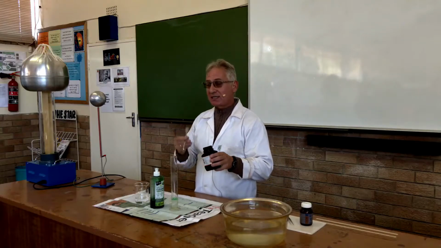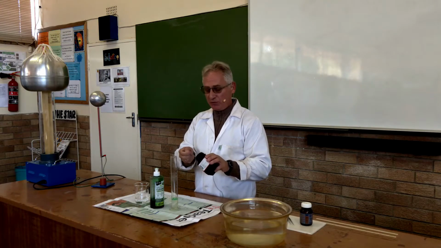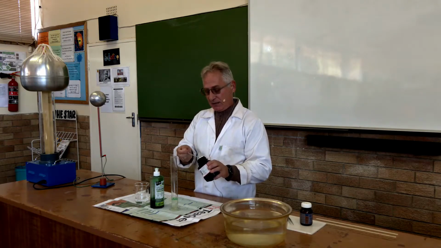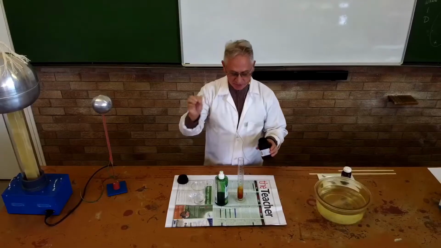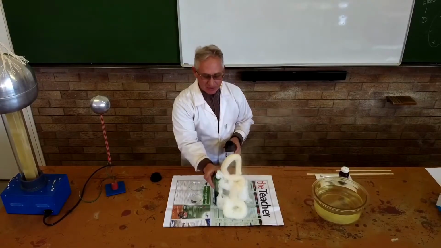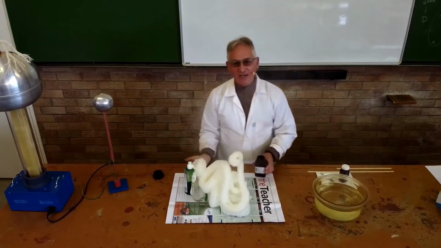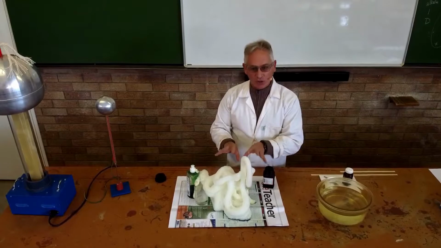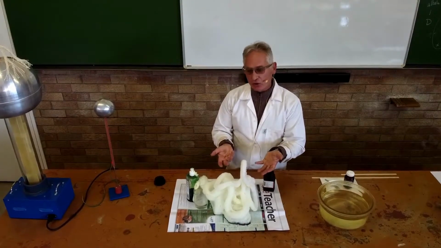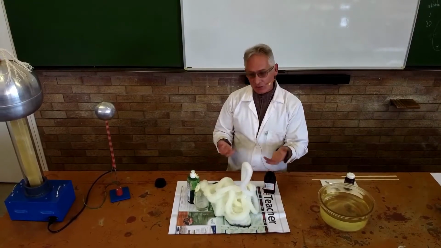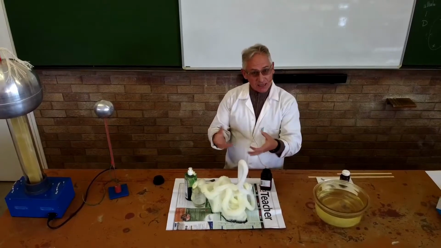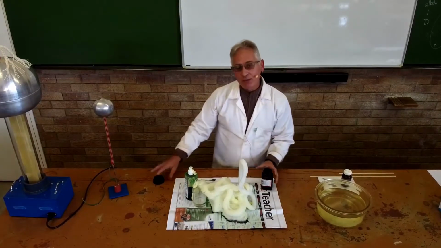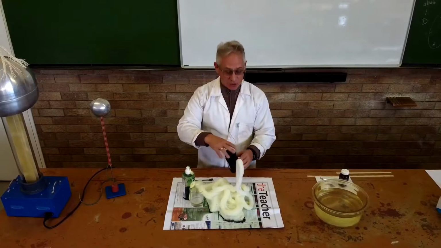So I'm going to add some of that, about a spoonful, and let's observe. Alright, and you can actually see it's a very nice reaction. And if you actually touch the foam, it feels very hot. And this is a demonstration of an exothermic reaction where energy is actually released into the environment. And we get many of those reactions in chemistry.